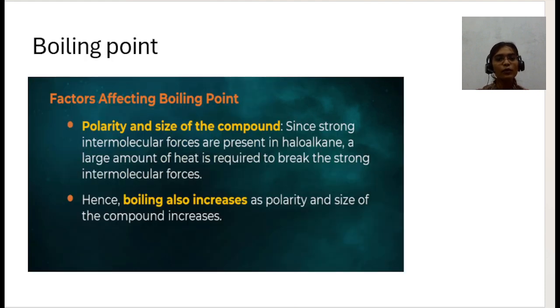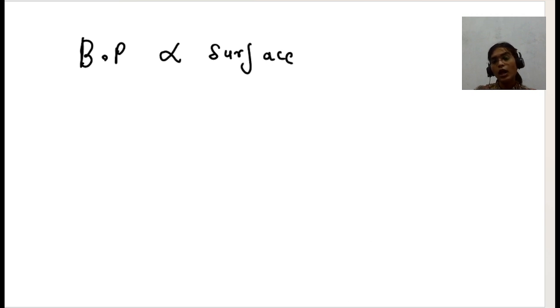Now let's talk about the boiling point. Before starting, let's discuss a very important point and quickly recall: boiling point is directly proportional to the surface area. Larger the surface area, higher the boiling point.